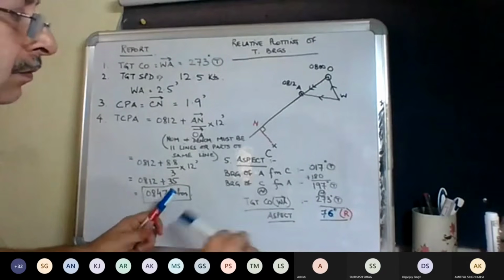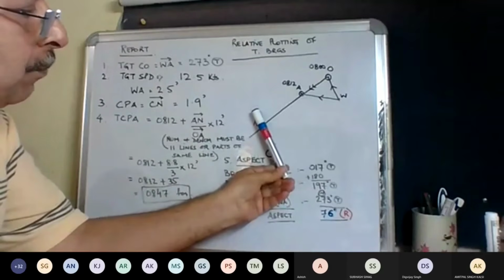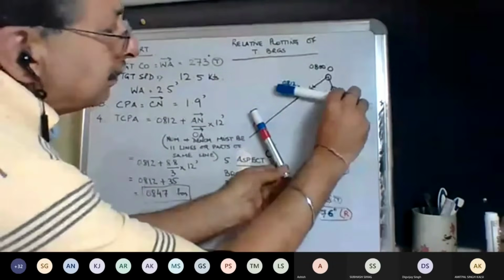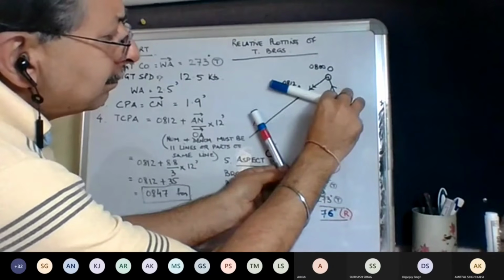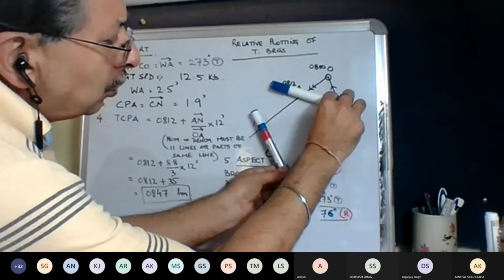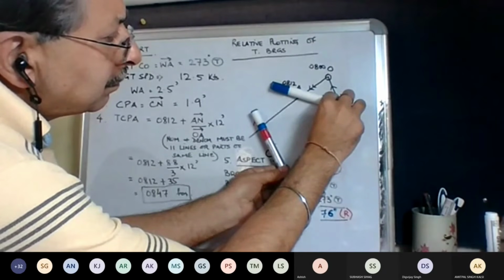फिर से बता दीजिए सर। Put yourself on Charlie and put yourself on your own heading 340. Target is at Alpha, heading WA. So at night, what light of the target will you see? रेड सर। Red.